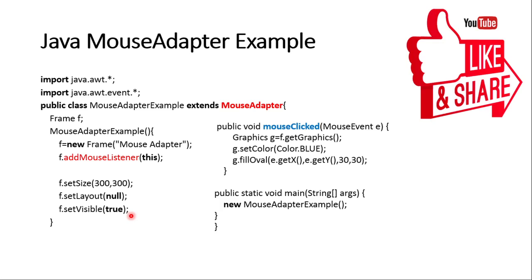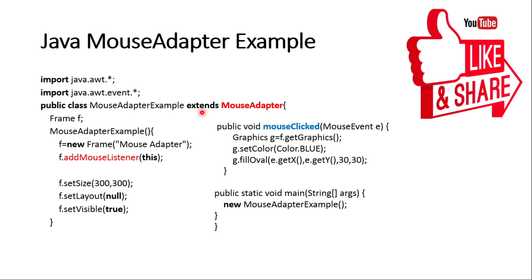Fine. So now let's explore an example. You see this, we have got two packages here, java.awt.* and java.awt.event.*. There is a class which extends MouseAdapter. We know this adapter concept is about adapter classes, right? So we will be using extends, not like in the previous video where we used implements to use some interface.